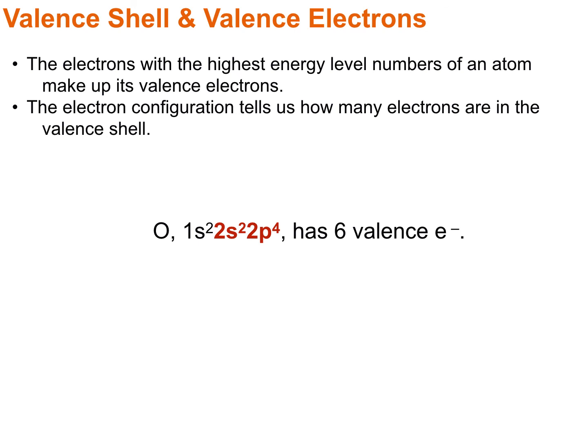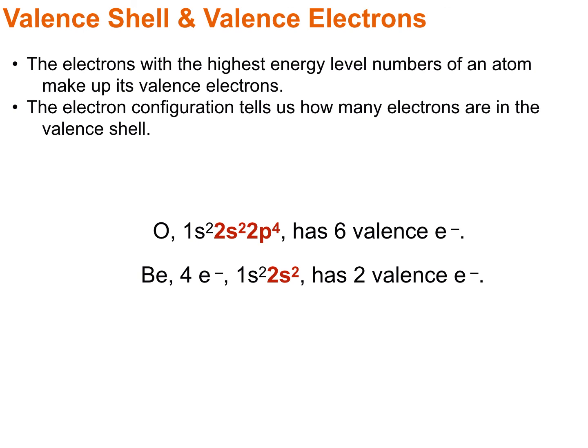So if we look at oxygen really fast, oxygen 1s2, 2s2, 2p4, it has 6 valence electrons. The 6 valence electrons are in the n equals 2 shell. Beryllium, 1s2, 2s2, has 2 valence electrons.